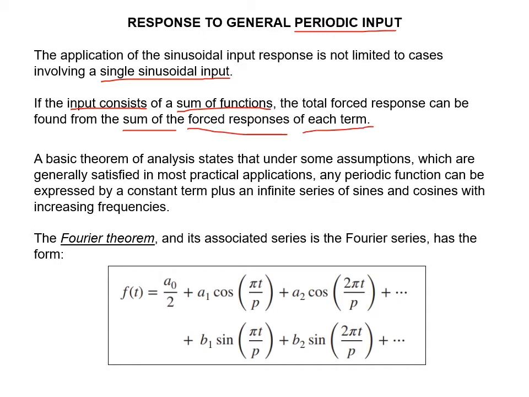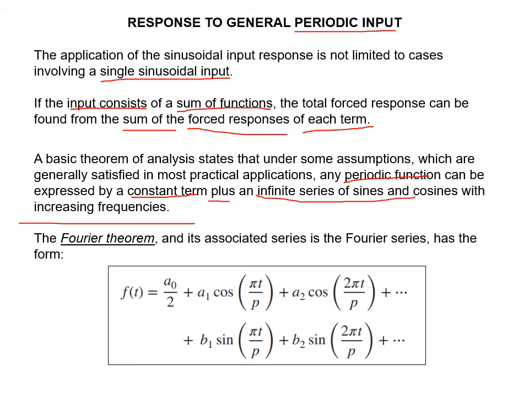There's a basic theorem for analysis, with some assumptions, that states that any periodic function can be expressed by a constant term plus an infinite series of sines and cosines with increasing frequencies.